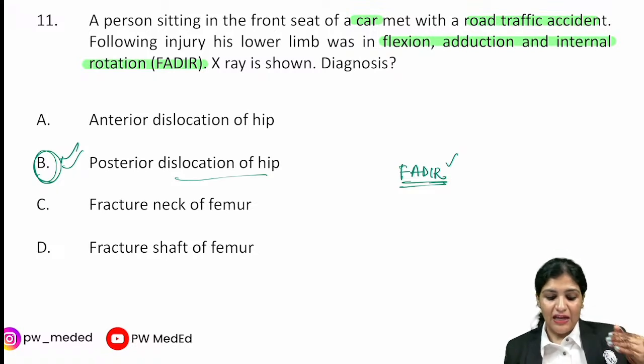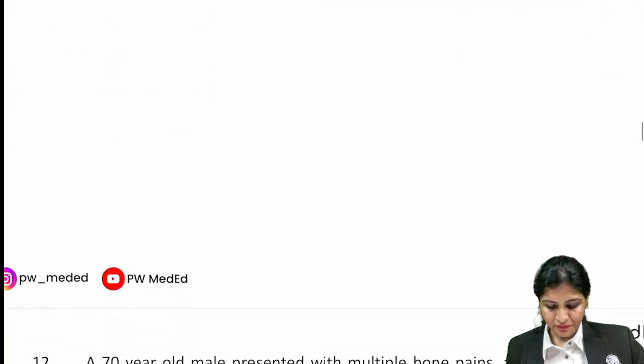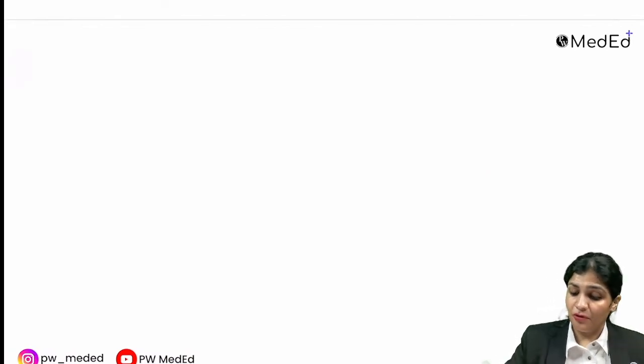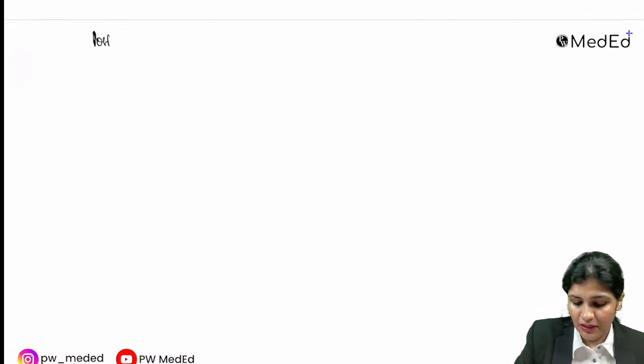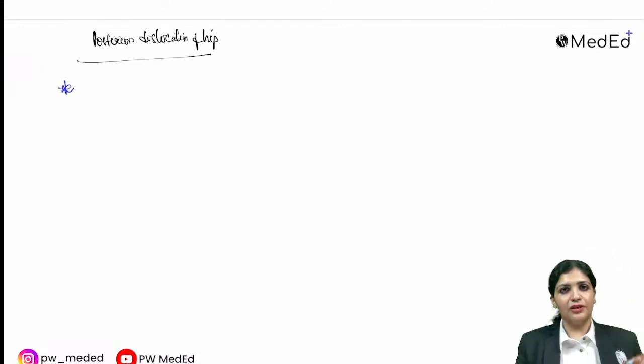So that is the answer. Here let us discuss a little about the posterior dislocation, because that is also one of the important topics. Whenever there is a posterior dislocation of the hip joint, this is mainly because of what mechanism of injury?